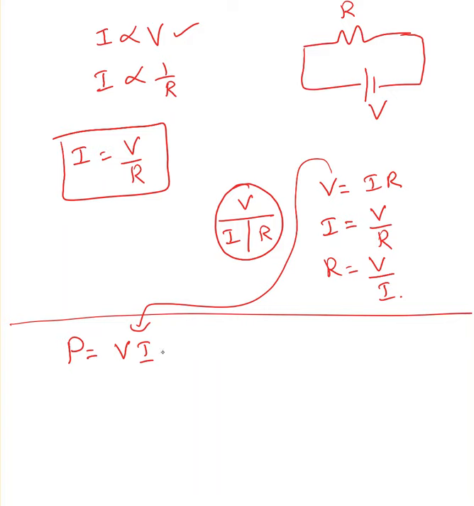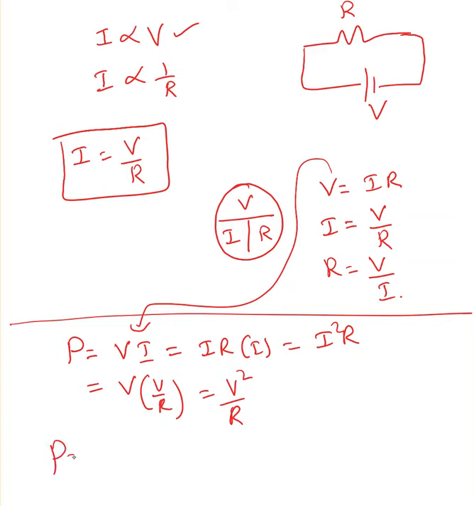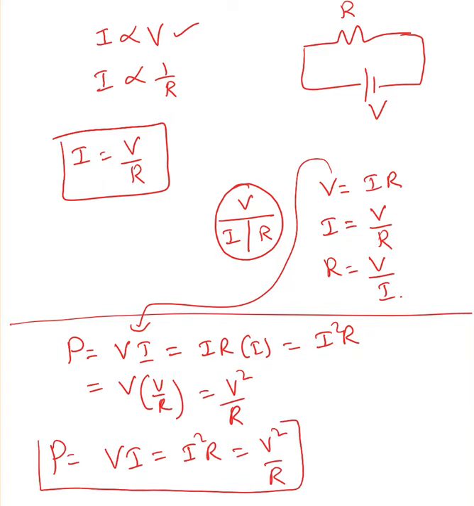If I substitute V equal to I times R, I get I times R times I, so it's I square times R. Or if I substitute I as V over R, I end up with V square over R. So P has three formulas: V times I, I square times R, or V square over R. P is consumed by the resistor only.